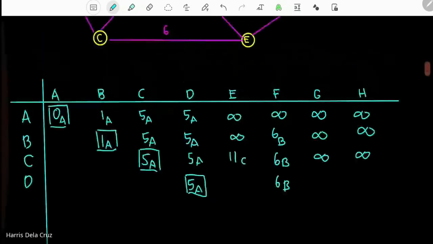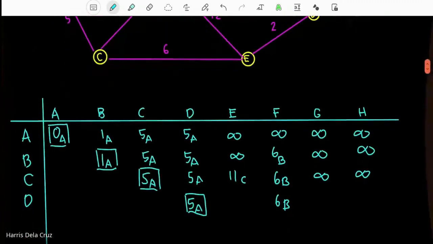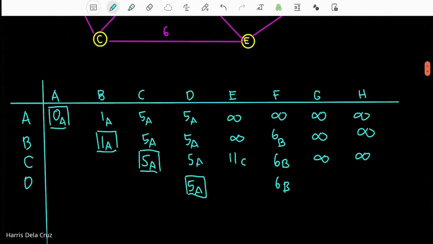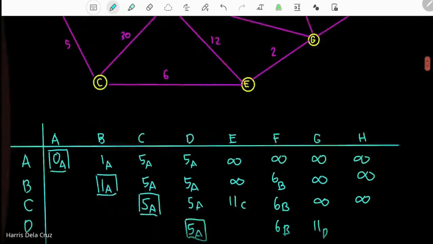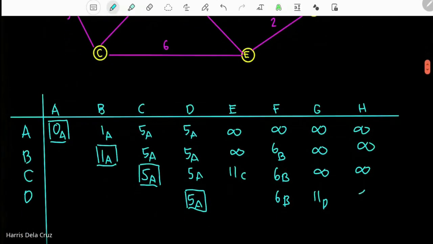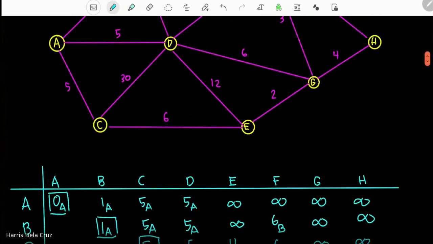Now from D we can also reach G. So that's 5 plus 6, 11. Currently the label of G is infinity, so we can replace that by 11D. H cannot be reached from D, so the label of H will remain infinity. E can be reached from D, so that gives us 5 plus 12, 17.